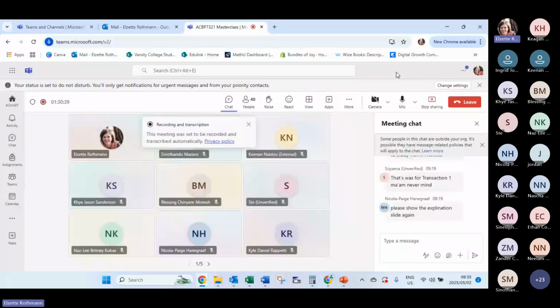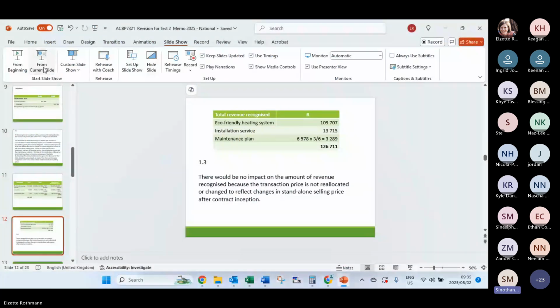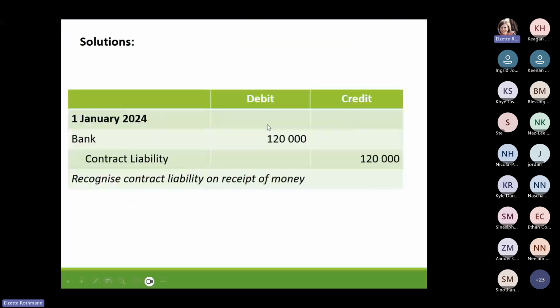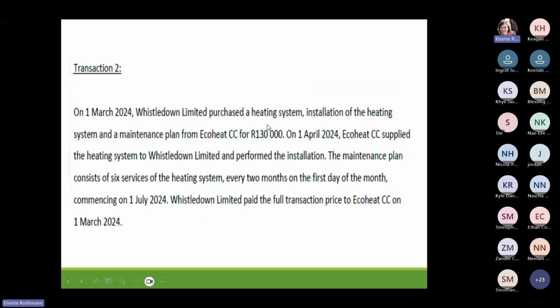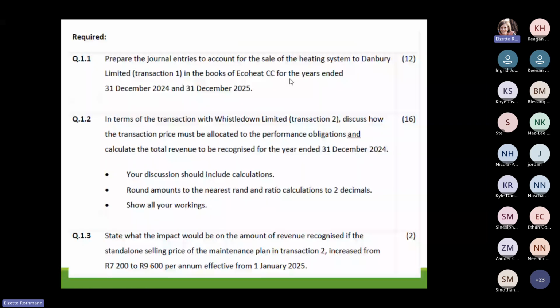Okay, let's continue. Okay, so now we did 1.1. So in the previous session, we had a look at the journal entries. And then we had a look at the calculations for 1.2.